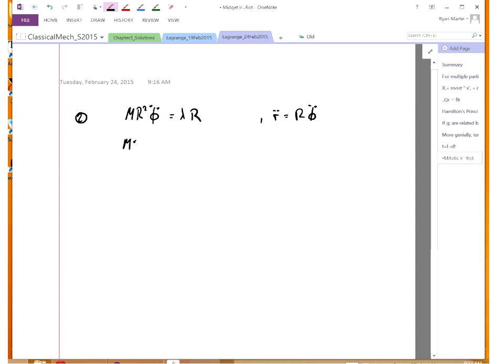So that means that phi double dot is going to be r double dot over capital R. And so if I put that into there, I have M capital R lowercase r double dot equals lambda capital R.